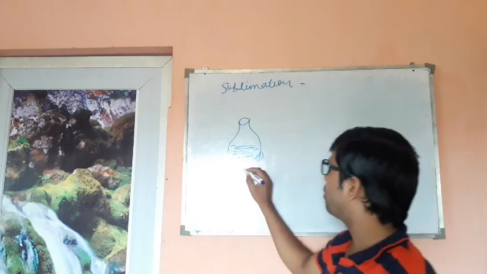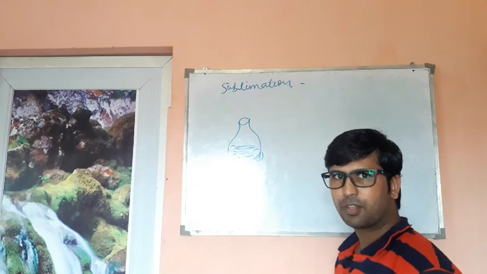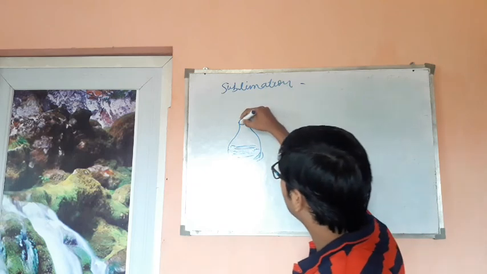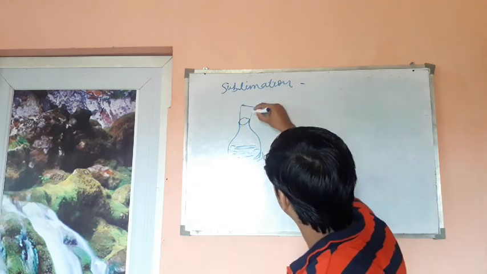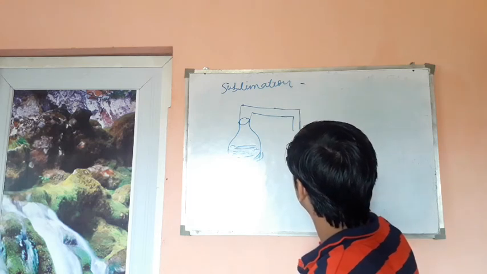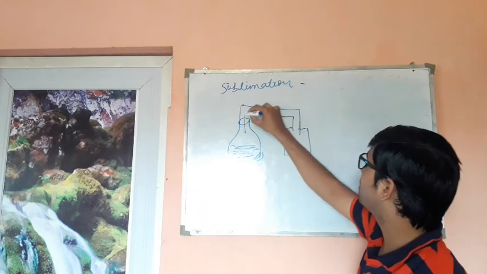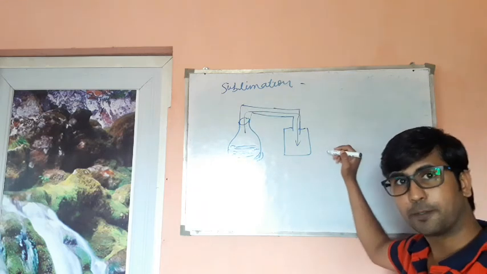At first we will heat this mixture, and we will connect a tube from here, and finally we separate the component which will come down from here to here.